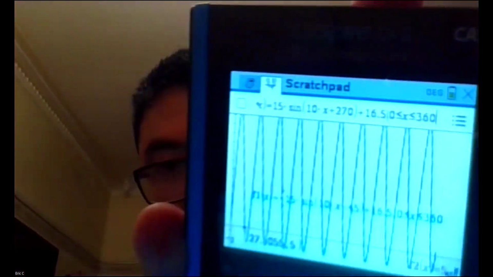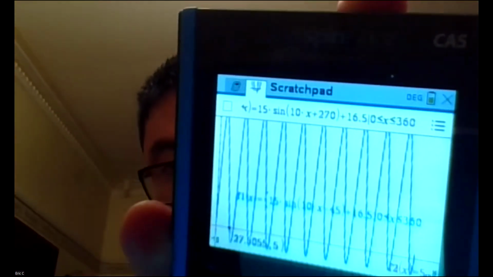And then don't forget to put the restriction where x is between 0 and 360. Technically, you don't need to put the restriction in because we just need to solve for the y coordinate, but we put it in anyway.